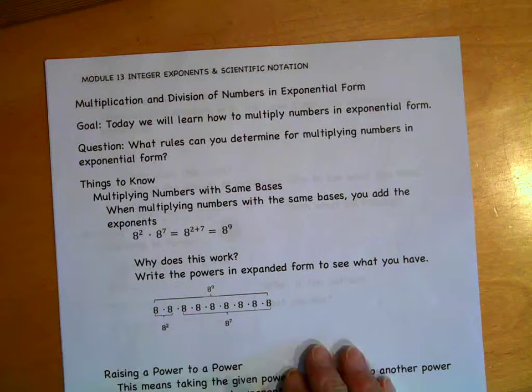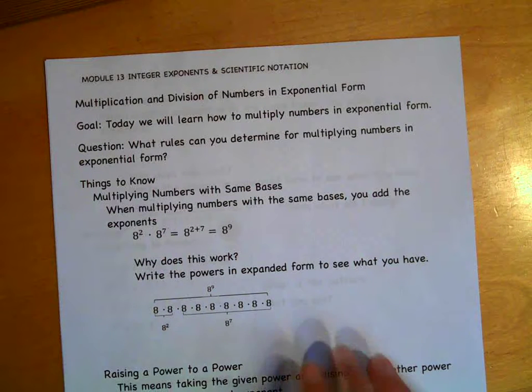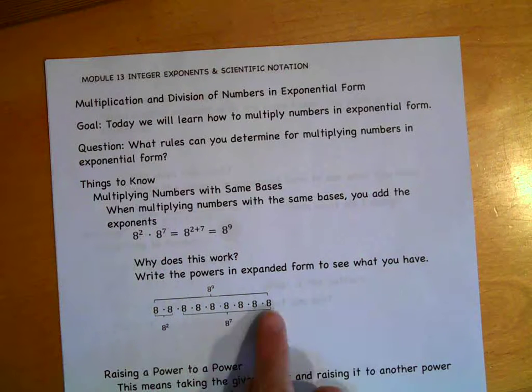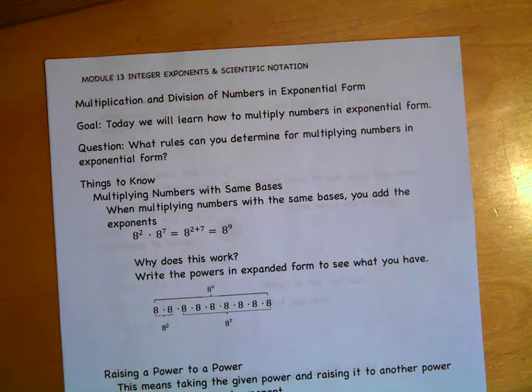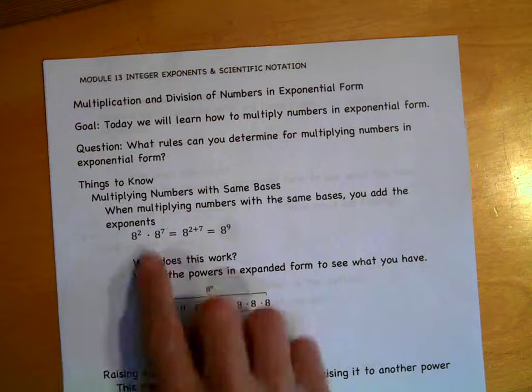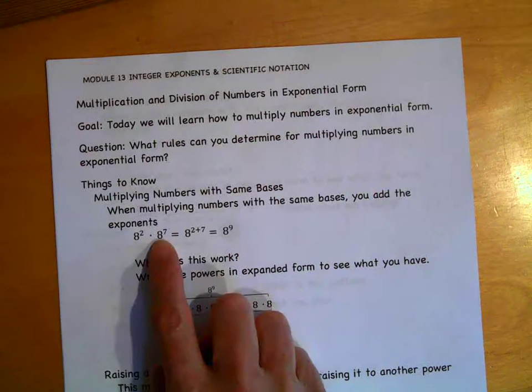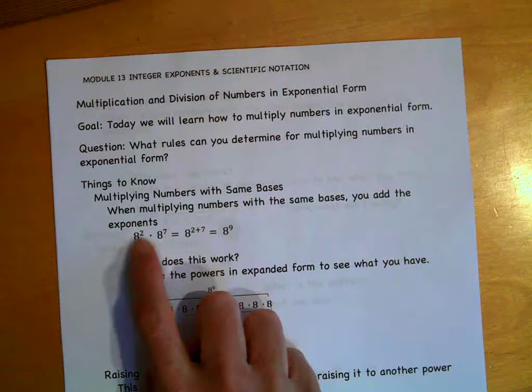So as you can see, when you expand them out and actually see what you're working with, you have 9 eights being multiplied by each other. Okay? So again, when you have the same base and you're multiplying, all you have to do is add the exponents.